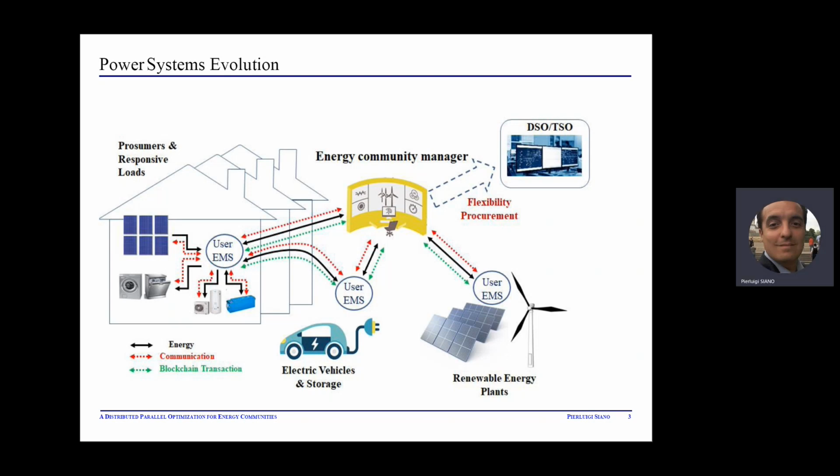By participating in an energy community, prosumers may take a leading role in the energy transition and improve their economic convenience and comfort, while contributing to the grid efficiency and stability.